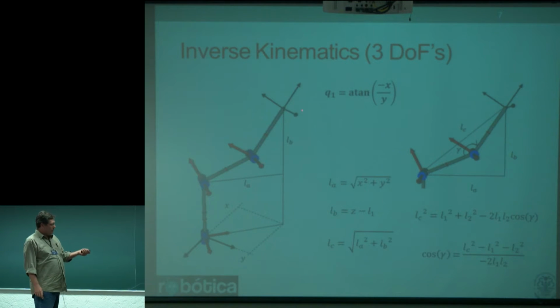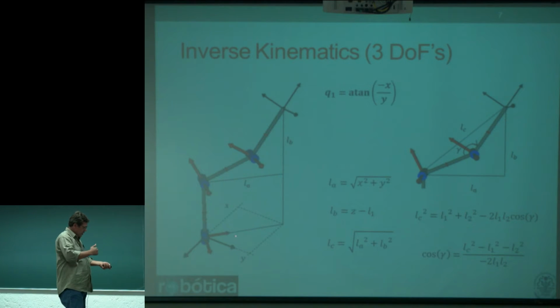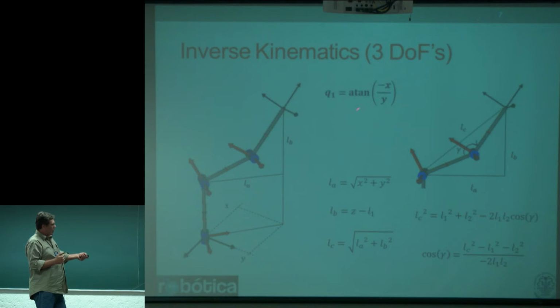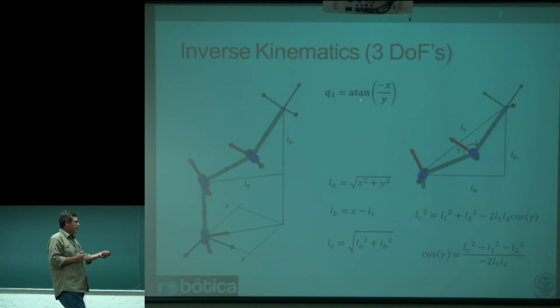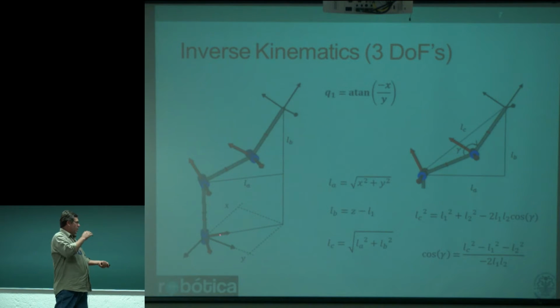So we have the position of the end frame projected on the floor, and then we can take X, Y, and by noticing that this is the only angle that will be affecting this axis, we can take that Q1, the first angle, is atan of minus X over Y. So it is a simple computation.